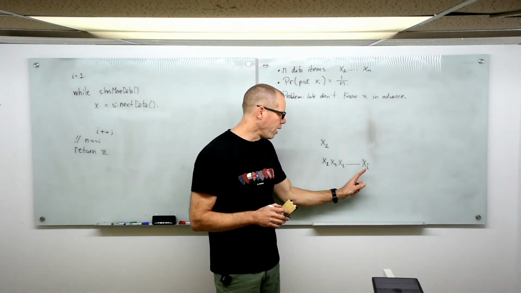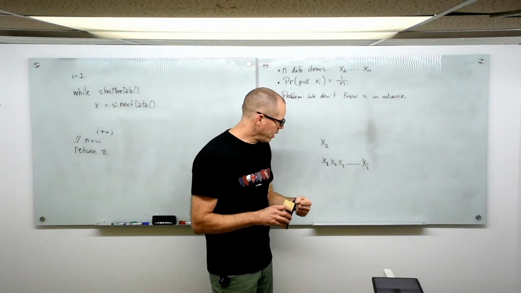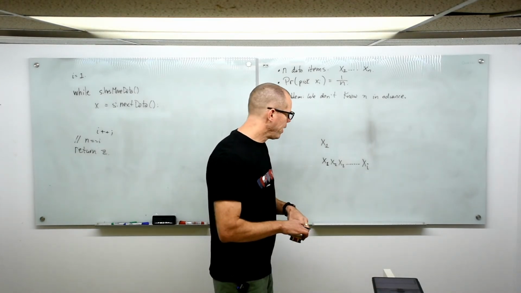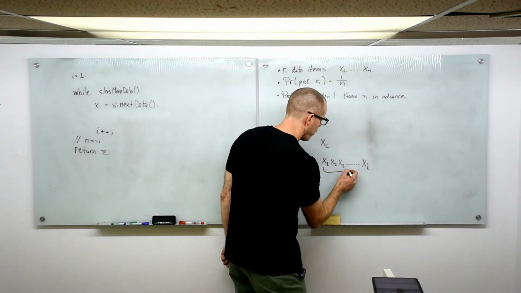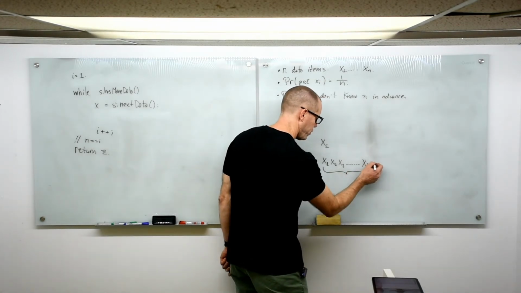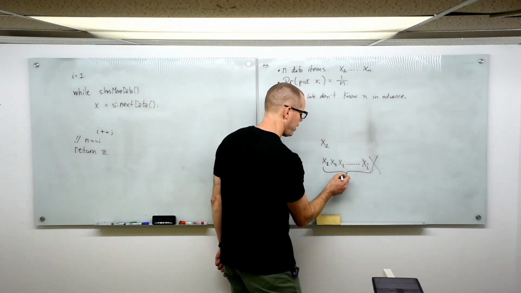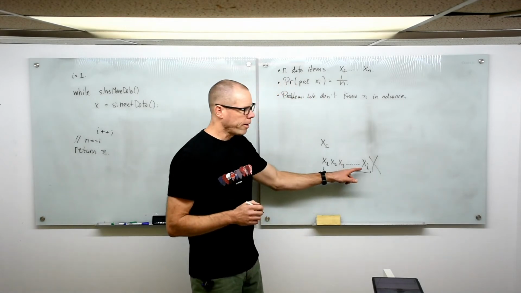I don't know yet. I just saw the ith thing. I don't know if the stream has ended yet. So it could be that nothing is coming after. And if that happens, if you stop here, that means the number of items in the stream is equal to i.